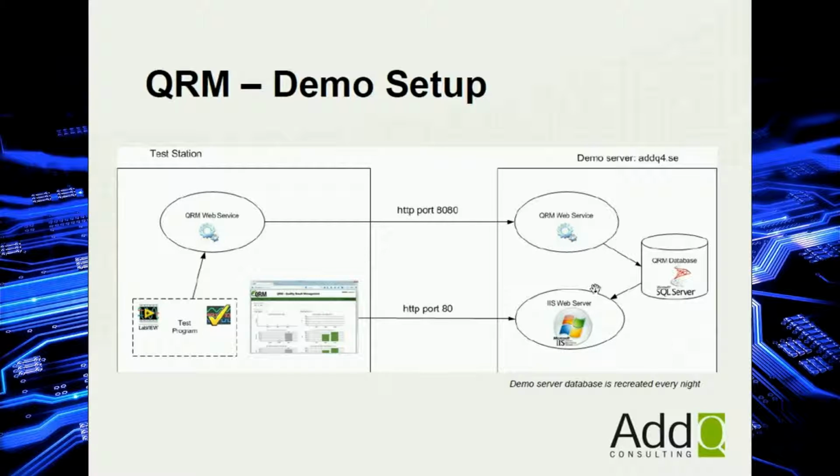The demo server has a web service installed, it has a database and also a web application pre-installed. So our client here, either a LabVIEW or a testing client, will post an HTML report to a QRM web service that will forward it to the web service located at the demo server, and then we will fetch the data through the web application to view it in the browser.